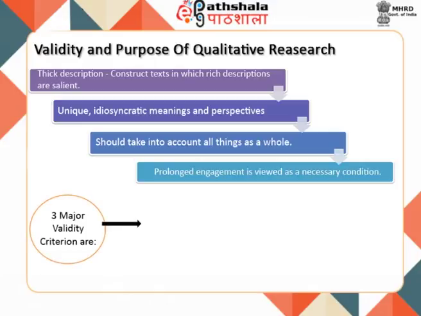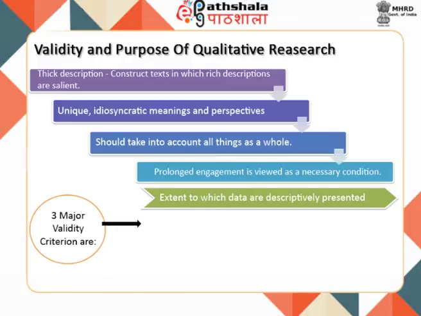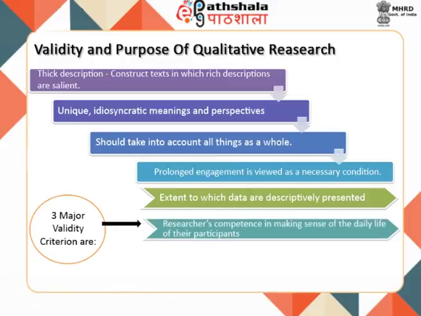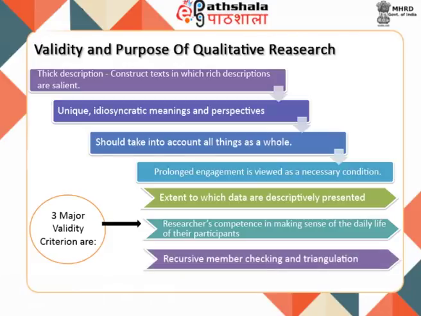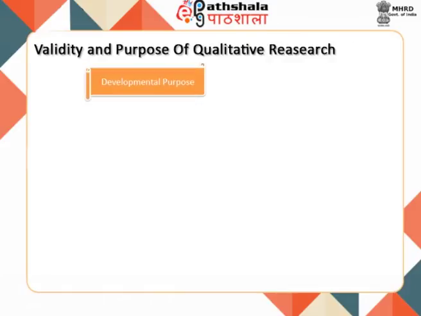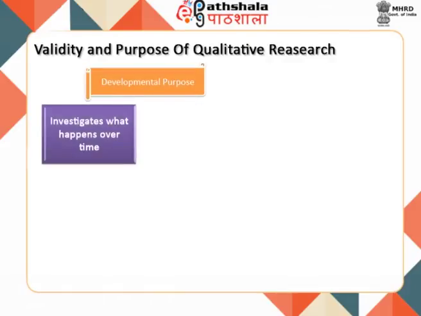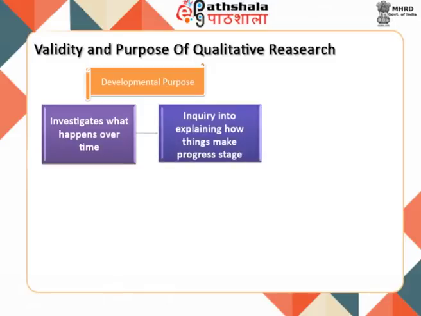Major validity criteria are the extent to which data are descriptively presented, the researcher's competence in making sense of the daily life of their participants, and recursive member checking and triangulation. The developmental purpose in qualitative research investigates what happens over time and inquires into explaining how things make progress stage by stage.